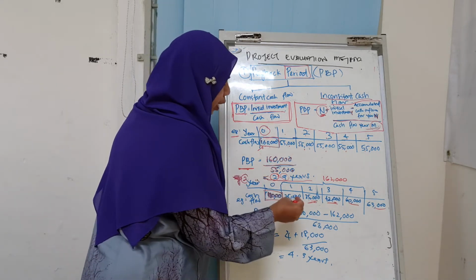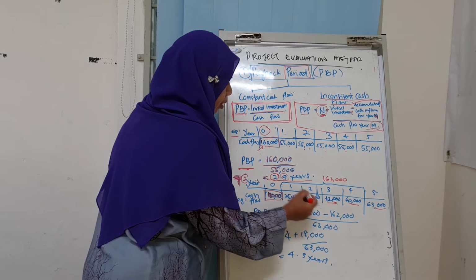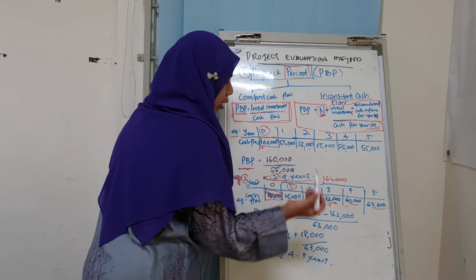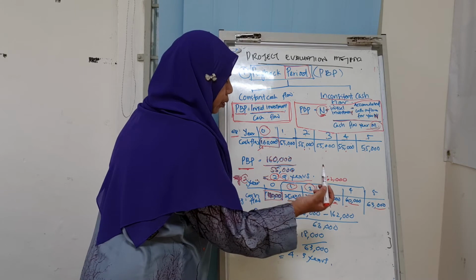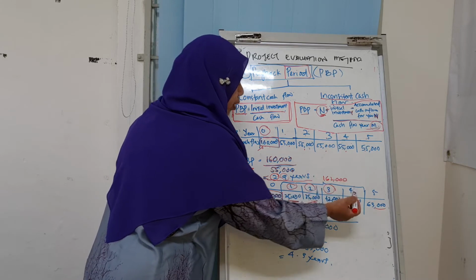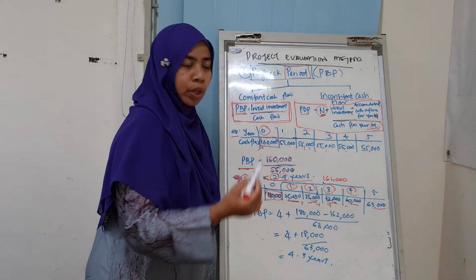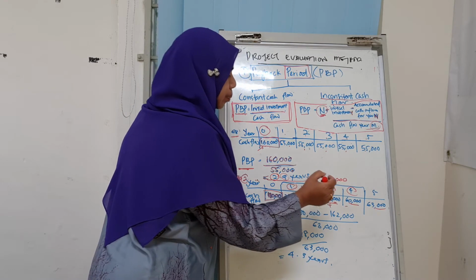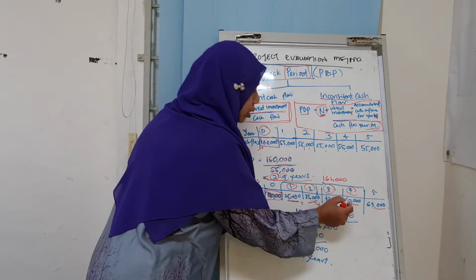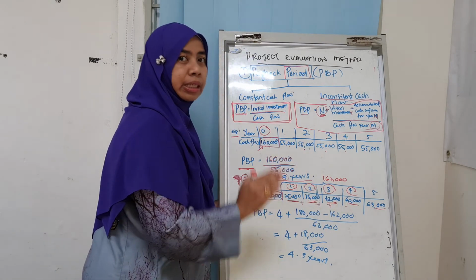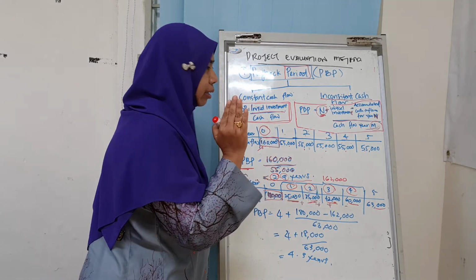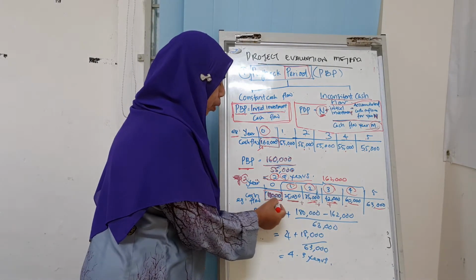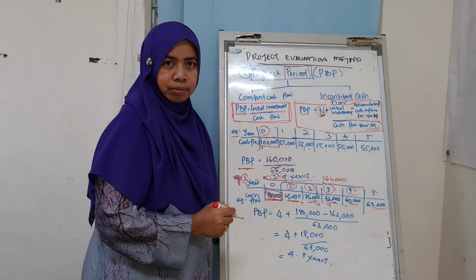Okay, you have to add the first year cash flow, second year cash flow, third year cash flow, fourth year cash flow. You have to add 25,000 plus 35,000 plus 42,000 plus 60,000, sehingga the value of money is not more than 180,000, right?